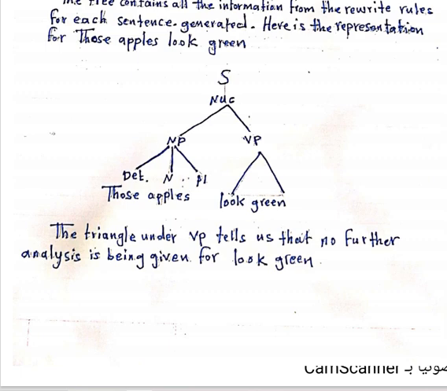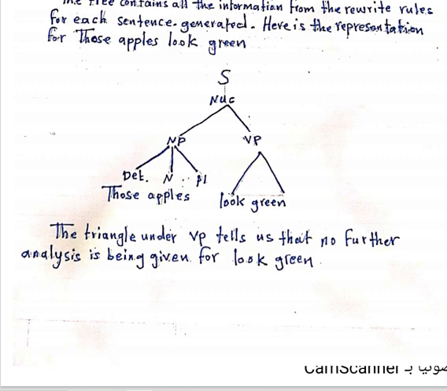The determiner: those. Noun phrase, as we said, determiner plus noun: apples, the noun in the sentence, is preceded by the determiner, and this plural means plural in the noun phrase.